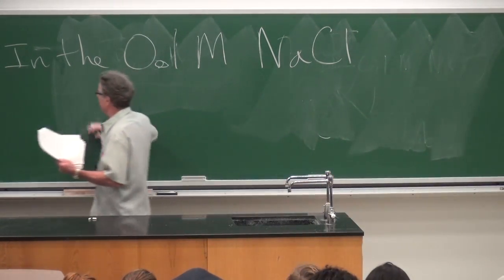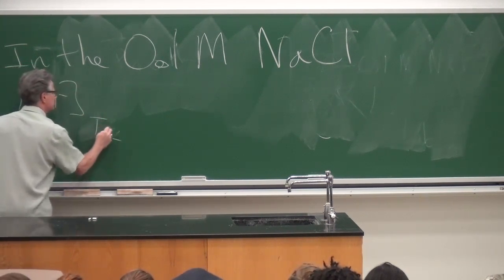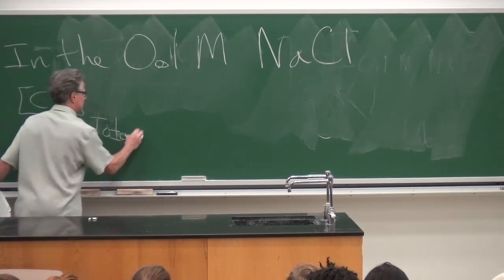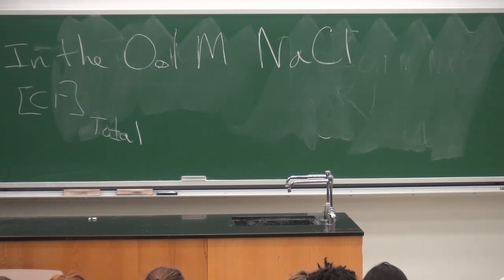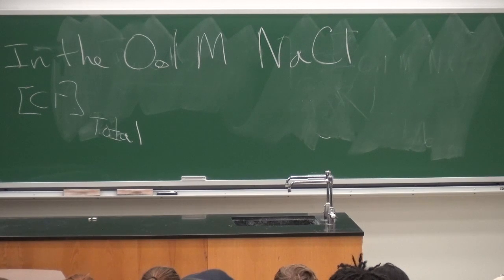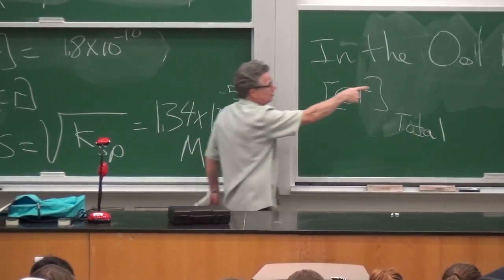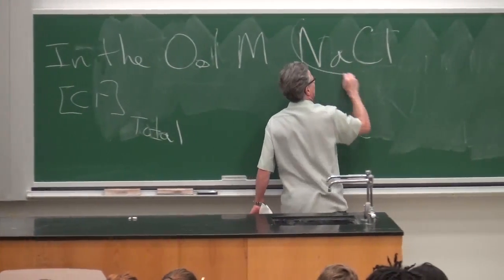what we could think about is that the chloride total, so in this solution now we've got to think about it, there are 2 sources of chloride. There's chloride that comes from the silver chloride dissociation, according to this reaction right here. And there's chloride because we threw in soluble sodium chloride.